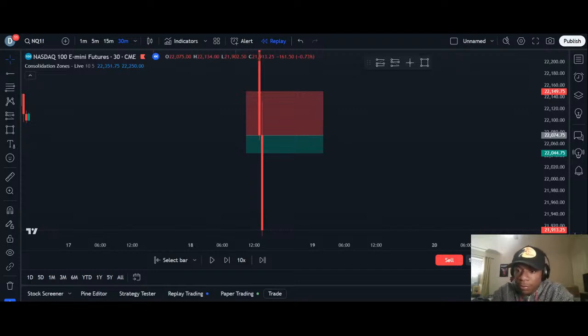So if I'm doing two contracts on a mini, you do like a 0.2. I mean, I don't trade micro, so I really don't know how that works. But I just know if you're trading a micro and I'm trading minis, divide whatever I'm doing by 10, and that should be what your entry is.